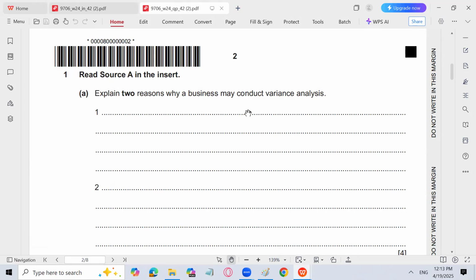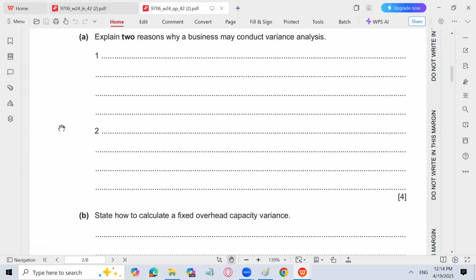It is also used for management by exception, because those variances which are heavily different, adverse or favorable, mostly adverse, are supposed to be probed, and then we will find out why there is a difference between the standard and the actual results. We compare the results and then corrective actions are taken where necessary. So these are the reasons for variance analysis.